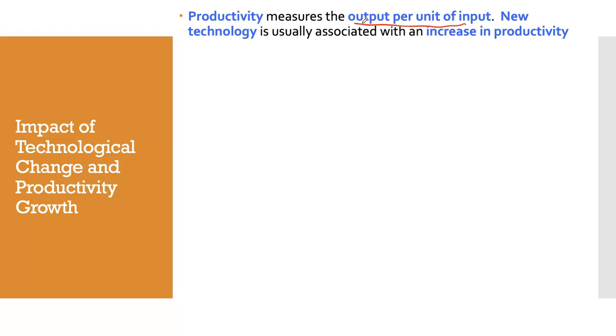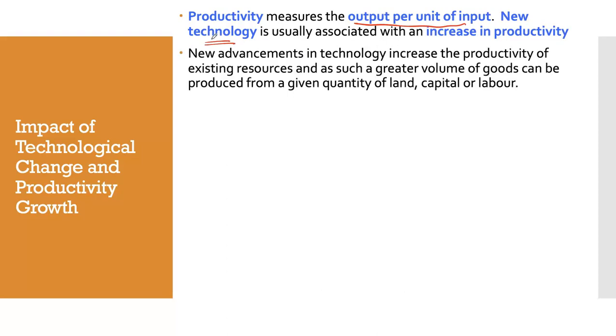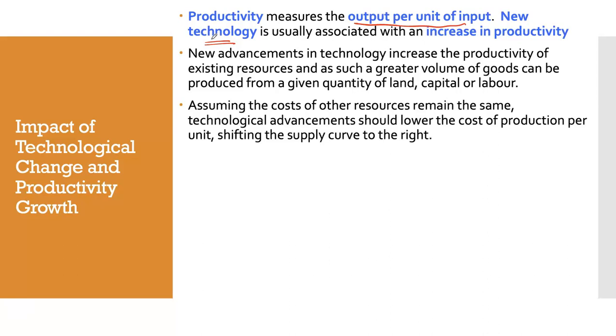Because one of the ways we increase our productivity, make more with what we've got, is with new technology. So new advances of technology actually increase the productivity of existing resources, and as such, greater volumes of goods can be produced from the same quantity of land, capital, and labour.